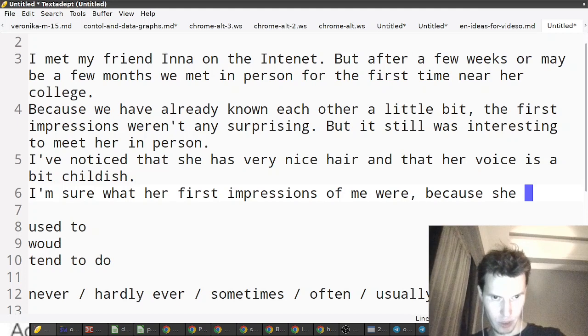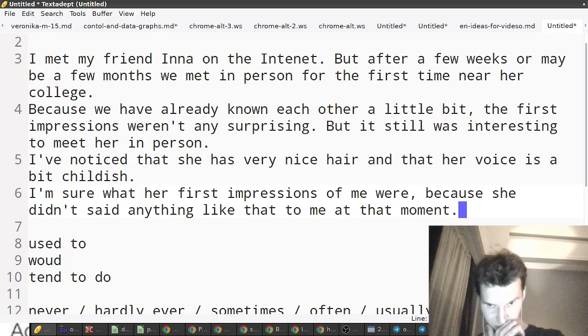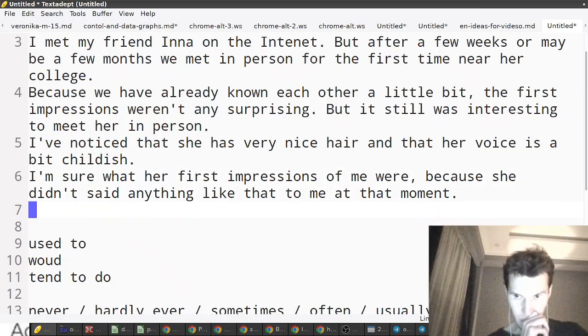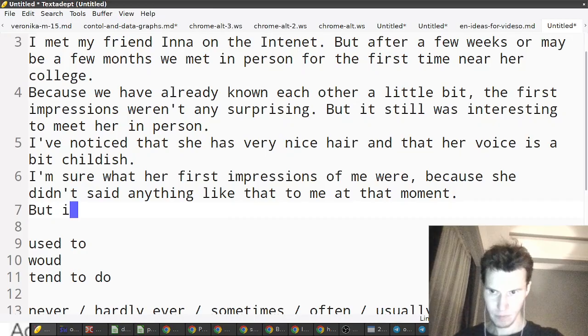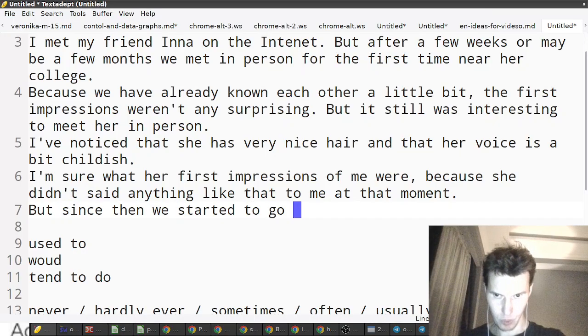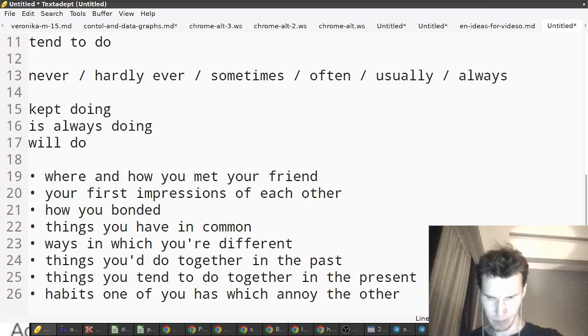Because she didn't say anything like that to me at that moment. But since then, we started to go out, maybe. Systematically sounds rather academic.